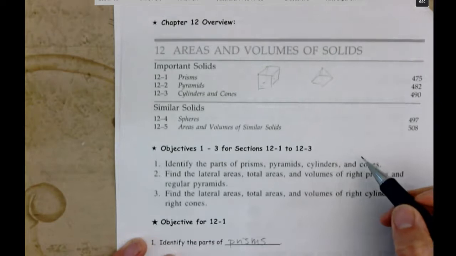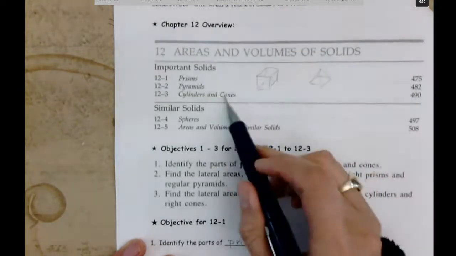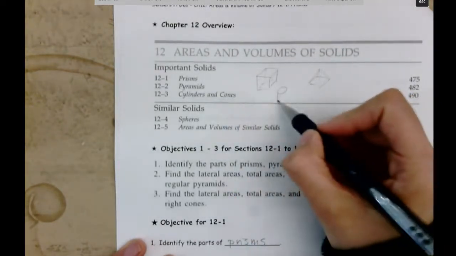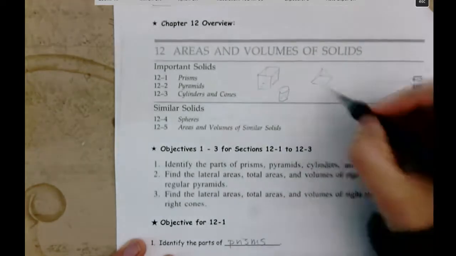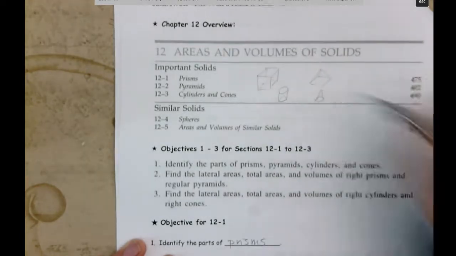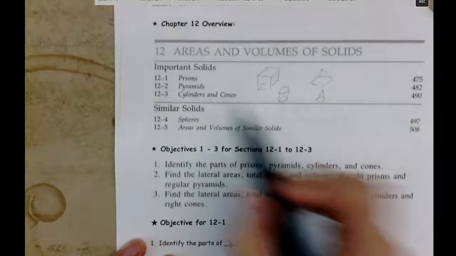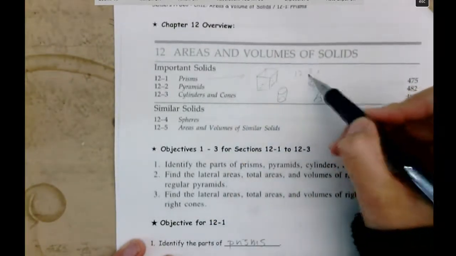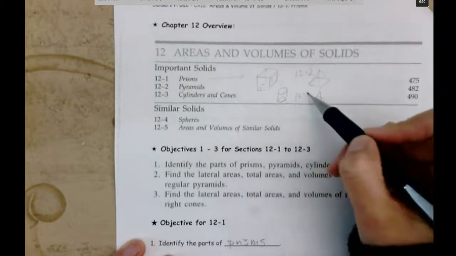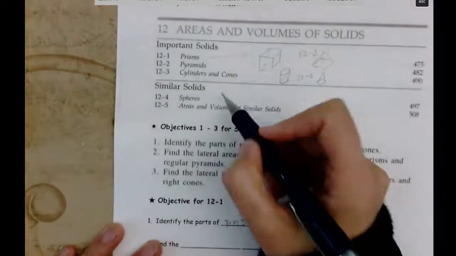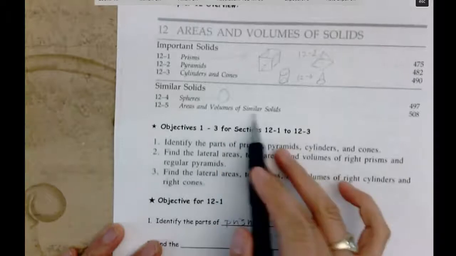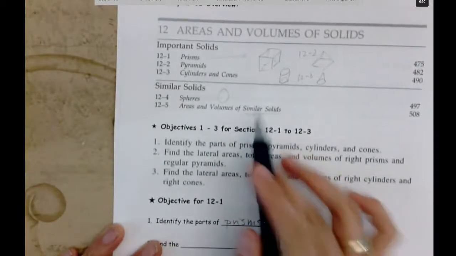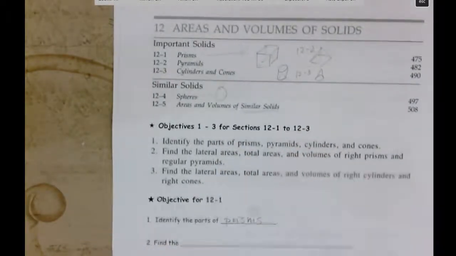Then the cylinder and cone: the cylinder is like this, and the cone is like that. This is 12.1, this is 12.2, and these are 12.3. Then you have a sphere, and area and volume of similar solids. So it's only 5 sections in this chapter.